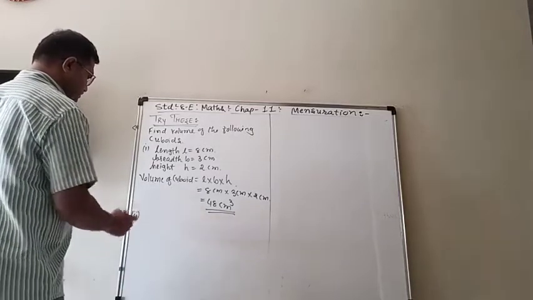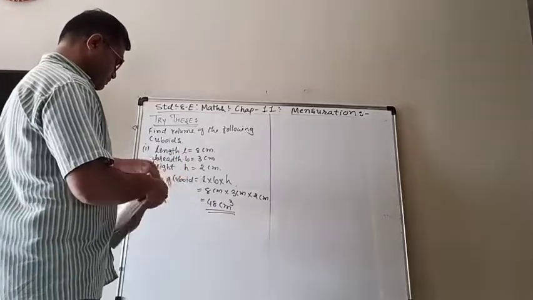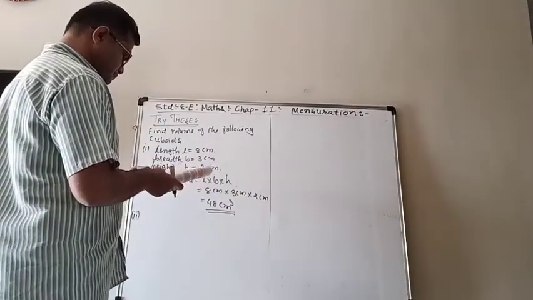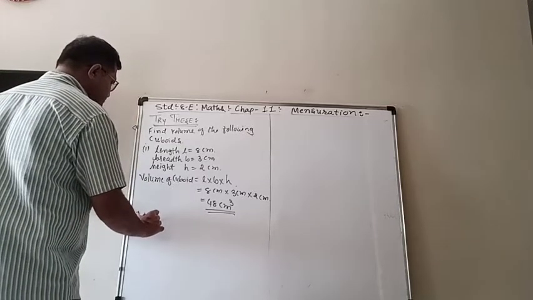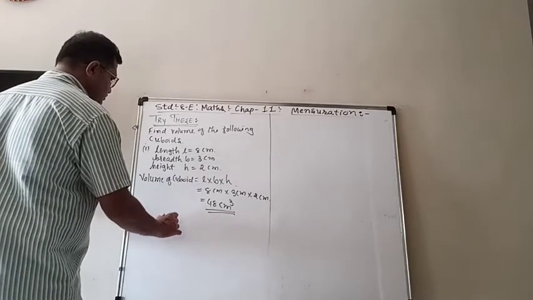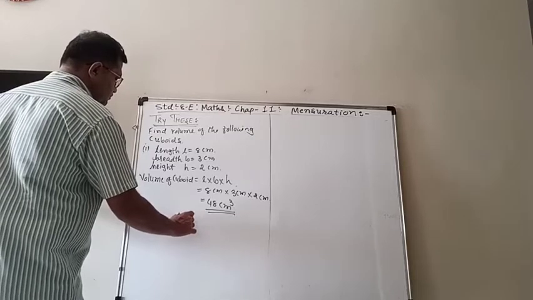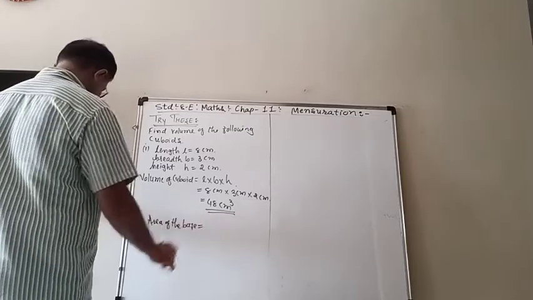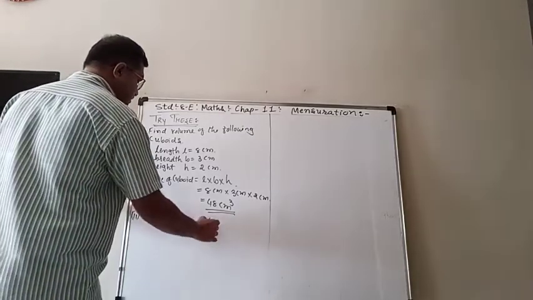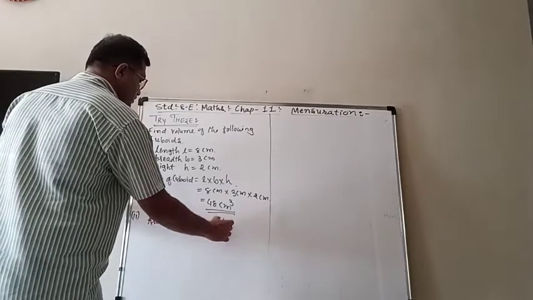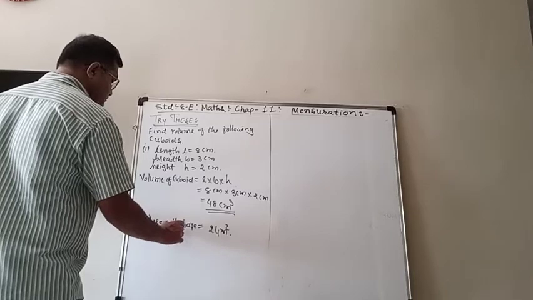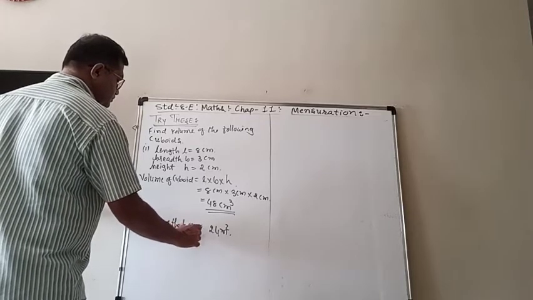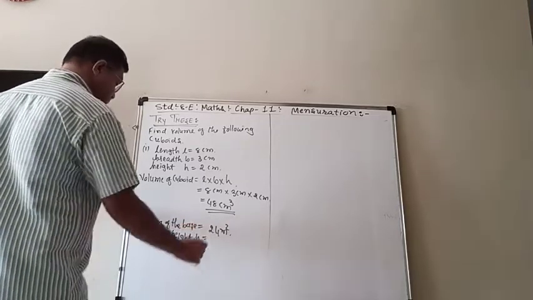Let's do the second one. In second one, you can see that area of the base is given. That shaded part is the area. So area of the base is given and height H is given, 3 centimeter.